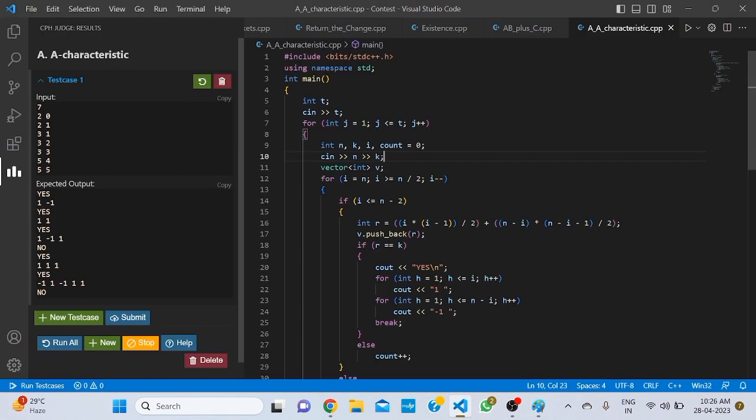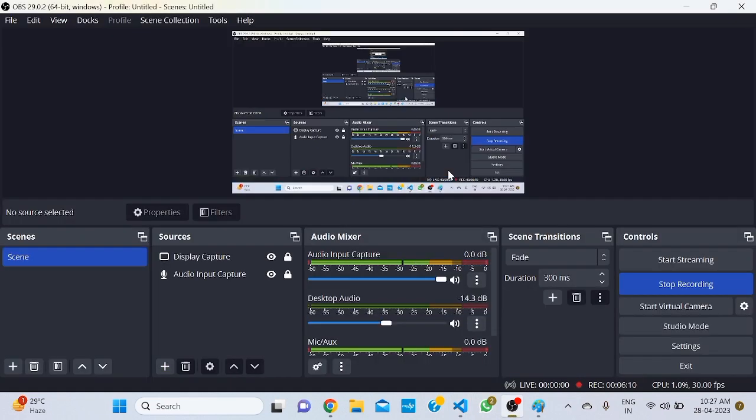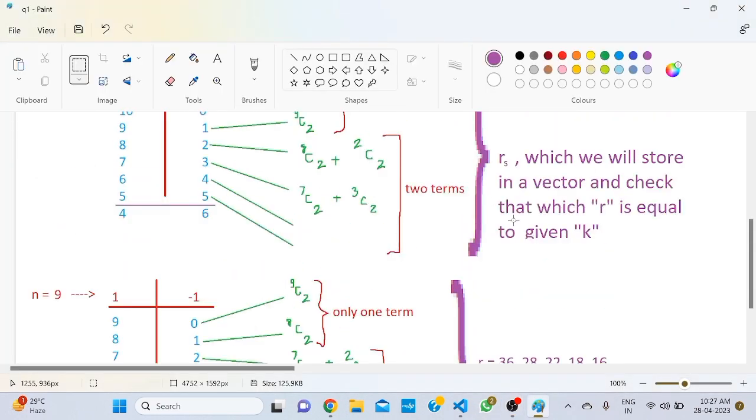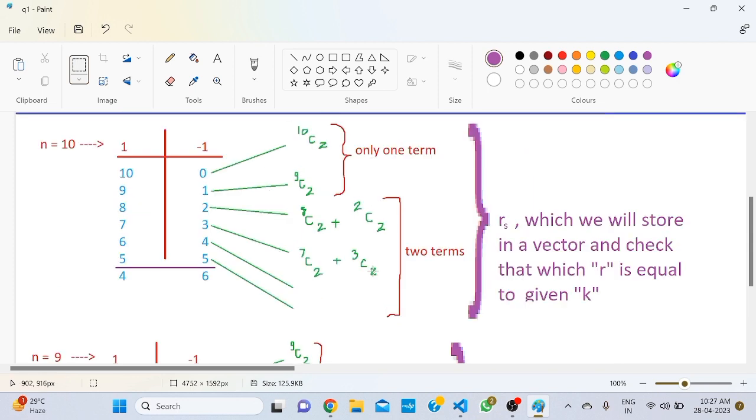So it is simple. First we will take input, the number of test cases, then we will take input n and k, so cin n and cin k. Now we will make a vector in which we will store all these values. We will store all these possibilities, that is 10C2, 9C2, 8C2 plus 2C2.